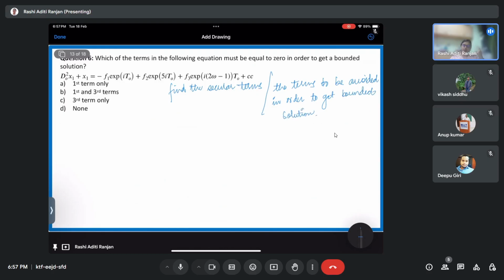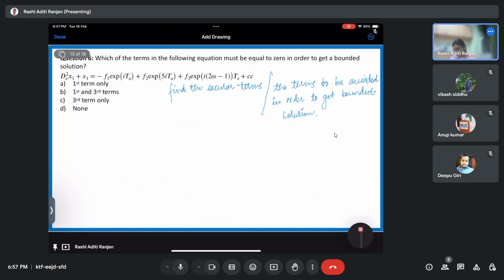Right, so if you remember the concept of our secular term, why is it important to actually remove the secular term? I will just give a brief recap.